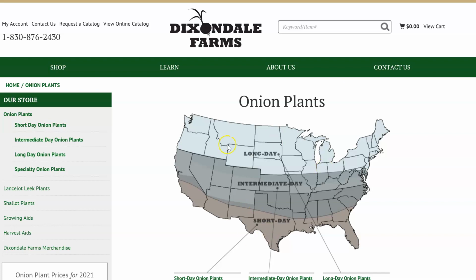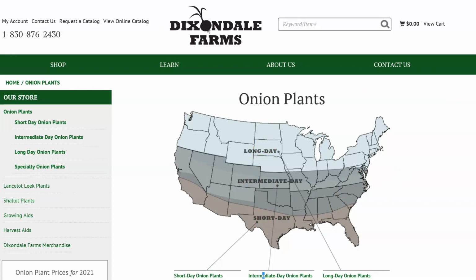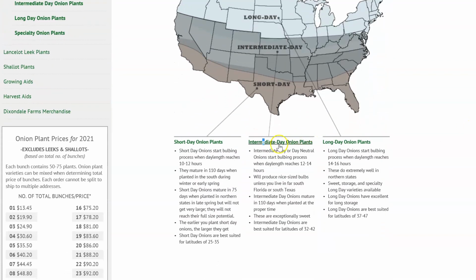On the Dixondale website, they provide a map that is divided into three groups: the long day, the intermediate day, and the short day. Further down, some explanation is provided in terms of the differences.